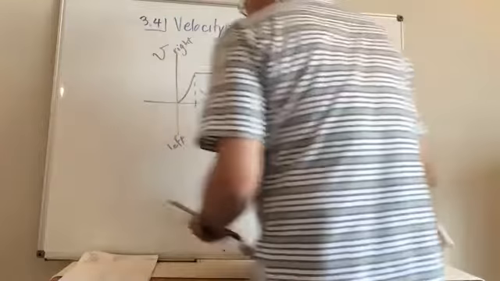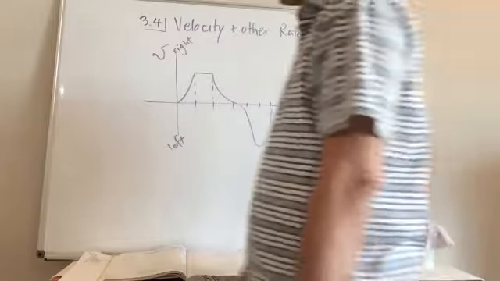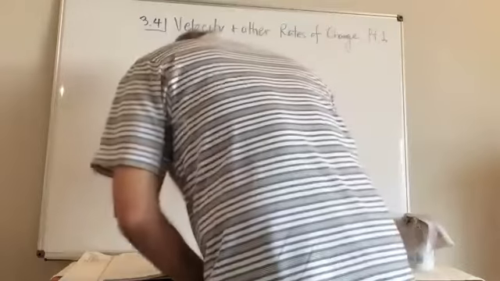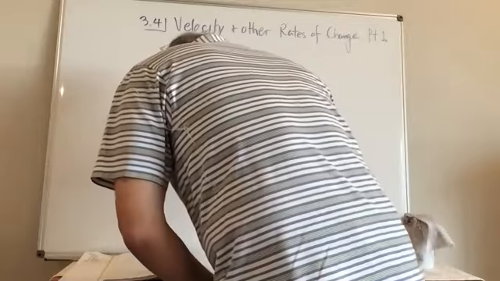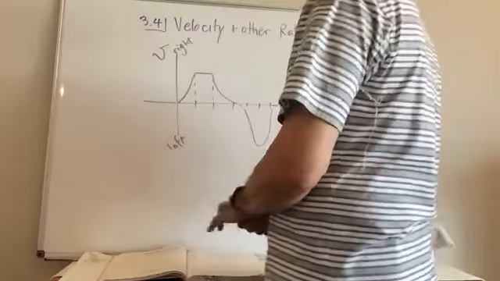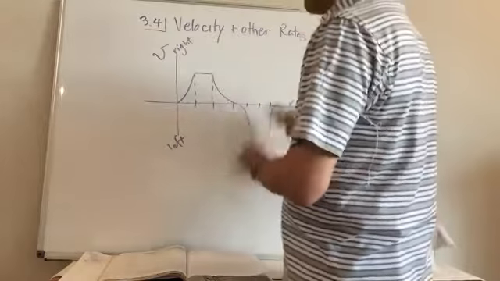So where is my maximum speed here? Can anybody tell me? Wouldn't it be the tallest one, even if it's negative, because it's absolute? Correct. It's the highest peak or the lowest valley.